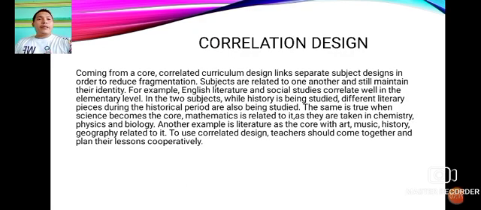In this correlation design, I experienced this during my career as a MAPEH teacher at St. Rita's College of Balingasag. We have the subjects TLE and MAPEH, and I was teaching grade 9 and then grade 8. We collaborated with my co-teacher from the TLE subject, and we had the same outputs or objectives on certain topics.